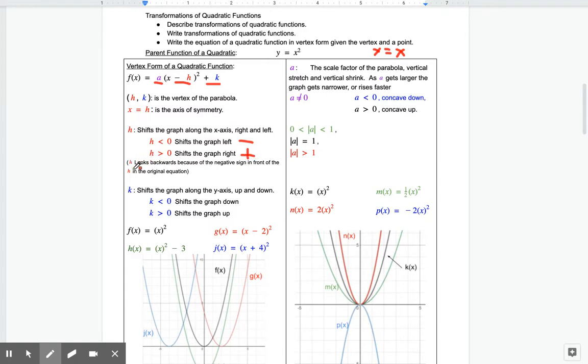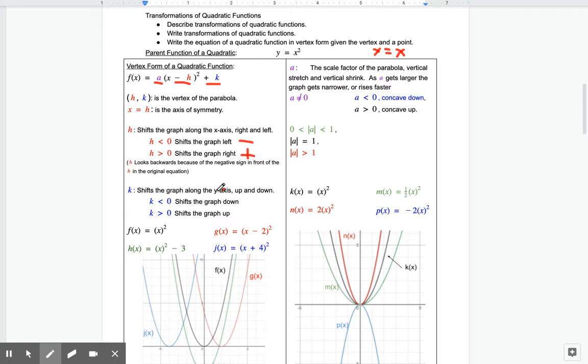Here's a note: h looks backwards because of the negative sign in front of the h in the original equation. Because of this negative sign right here, if you substitute in a negative value, x minus negative 2, the negative becomes positive, so it actually looks like it is a positive. So it looks backwards.